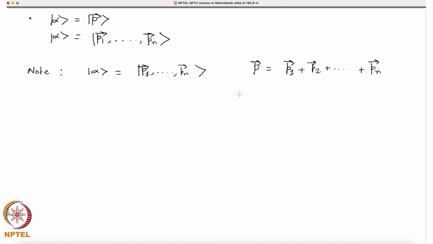So that's the momentum of this state, and it will have some energy which I will call omega alpha, where alpha is the state.